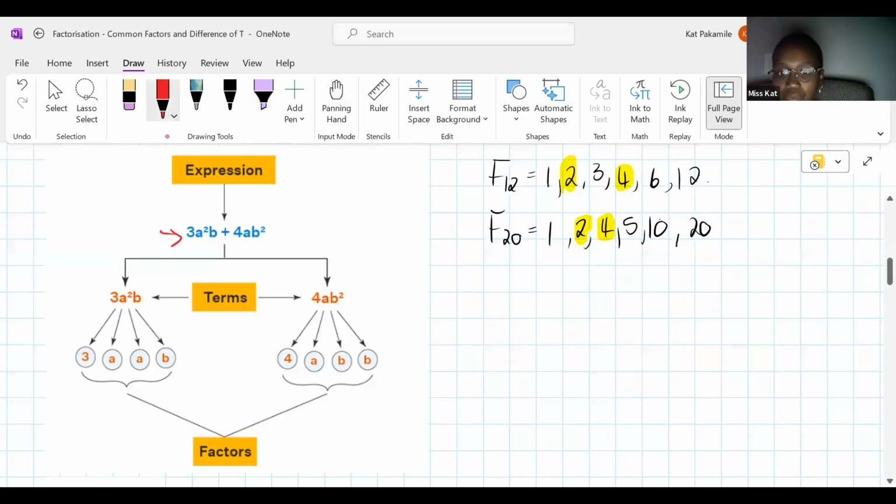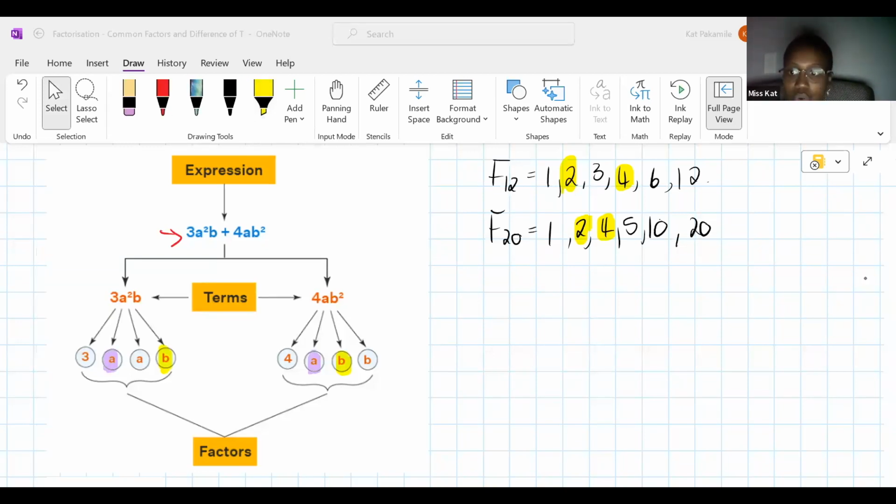We're over here. What do my two algebraic terms have in common? Thank you. So they both have 1a and they both have 1b. Okay, that is important because we are going to be factoring out that common factor.